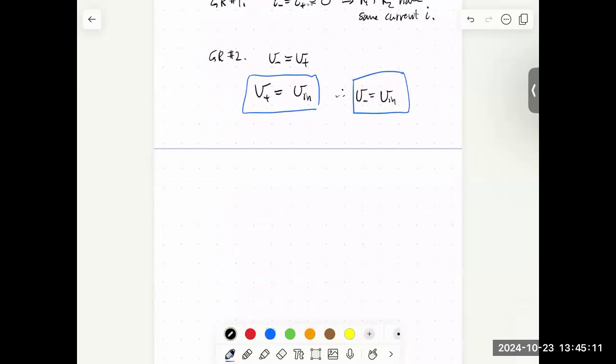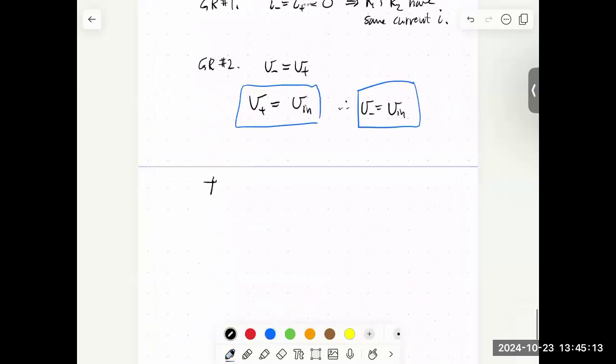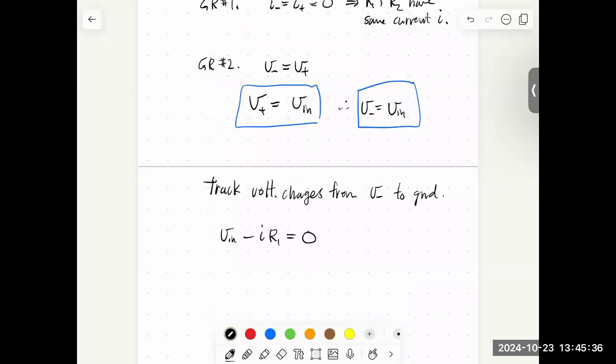So let's track voltage changes from the inverting input to ground. All right, so we start at the inverting input. We go through R1 in the direction of the current. So we have minus I R1, and that takes us to the ground, which is 0.